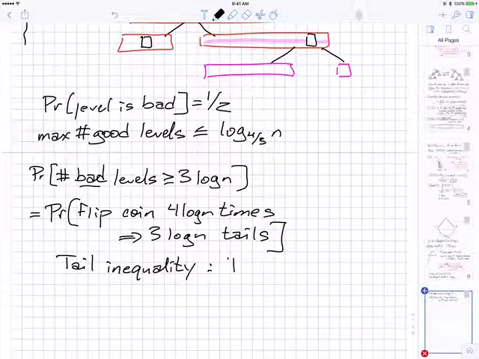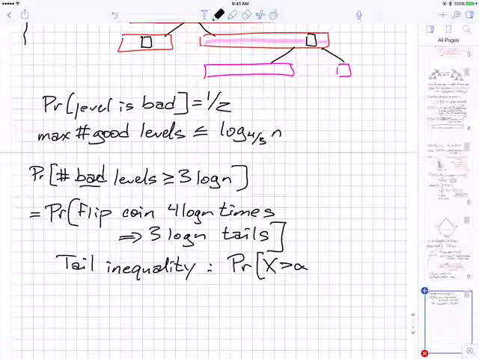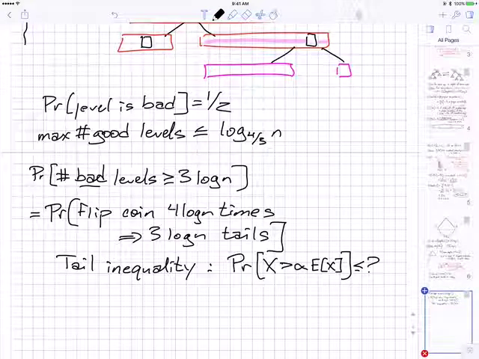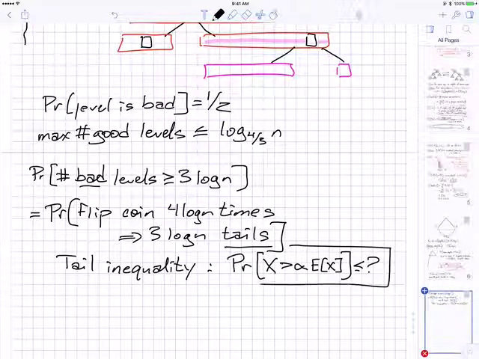What I can ask, for example, is what's the probability that a given random variable x, this is the number of tails that I get when I flip the coin too many times, is bigger than some constant times the expected value of x. Okay? And on Thursday, I will tell you how to think about inequalities like this.